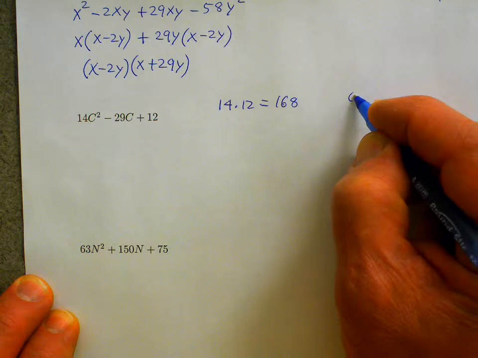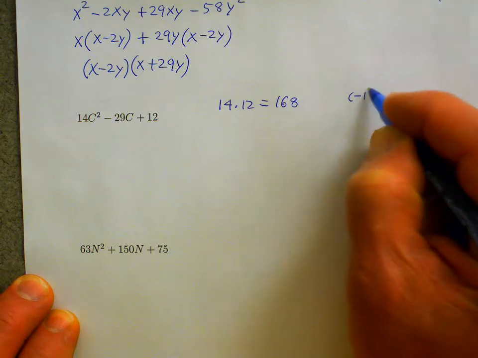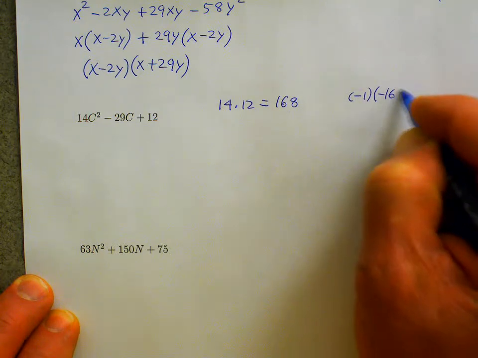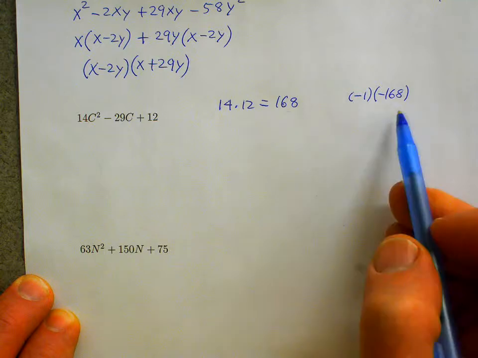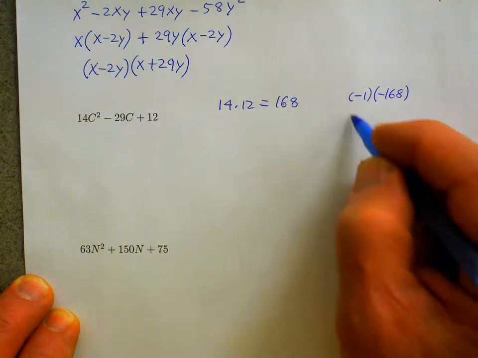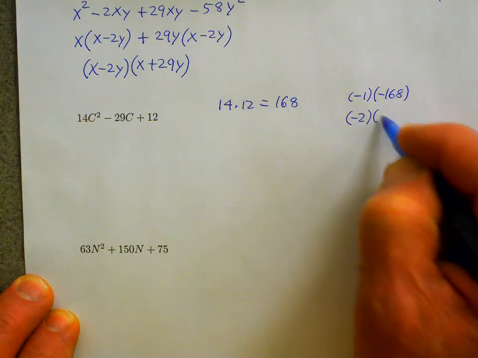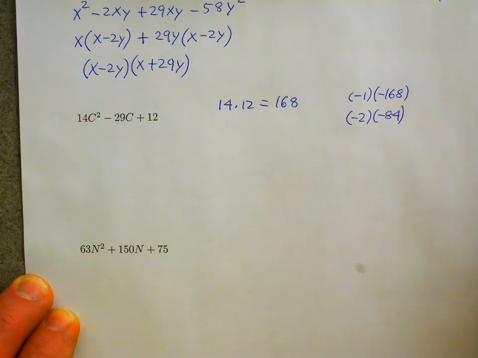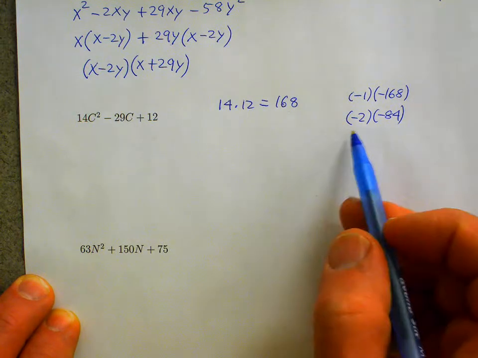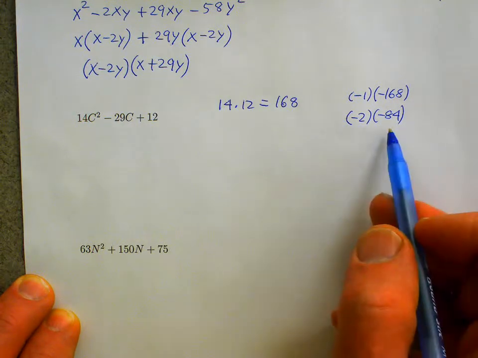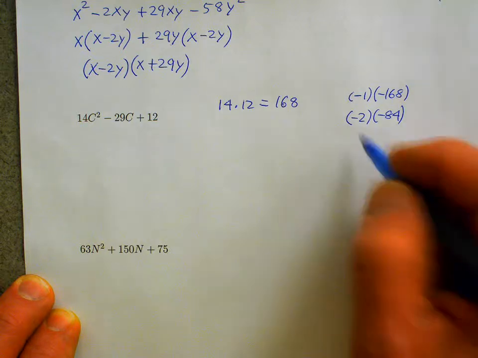At the extremes, -1 times -168 add up to -169. Then -2 times -84 add up to -86, so we're getting closer.